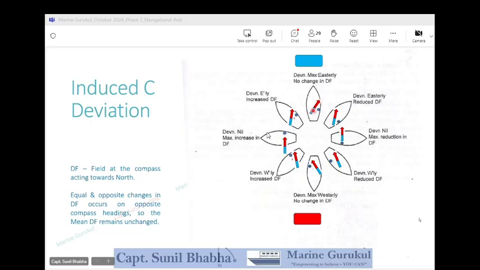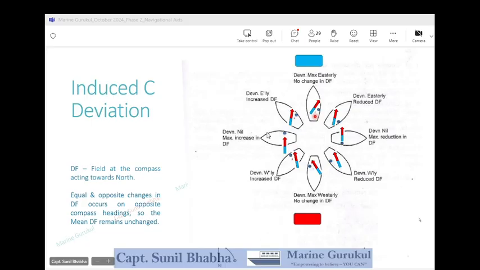So this represents our compass needle, and we have a blue pole to the starboard of the compass needle, or to the east of the compass needle in this case. This blue pole attracts the red end or the north end of our magnetic compass needle, and at the same time this blue pole repels the blue end or the south end of our magnetic needle, thus generating easterly deviation.